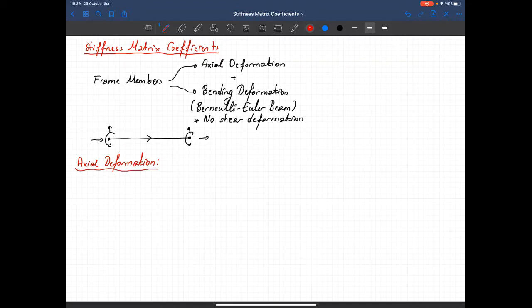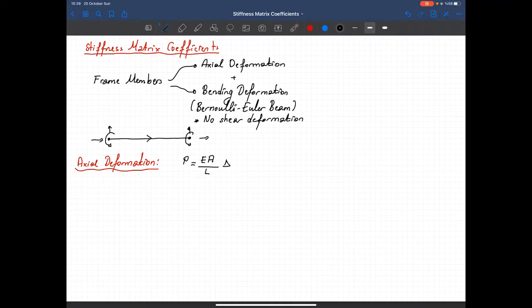And the governing equation for the axial deformation is as follows. It's a very straightforward relationship. Of course, we obtain this relationship assuming that the axial force on the member is constant and the area also doesn't change. Constant area through the length of the member.